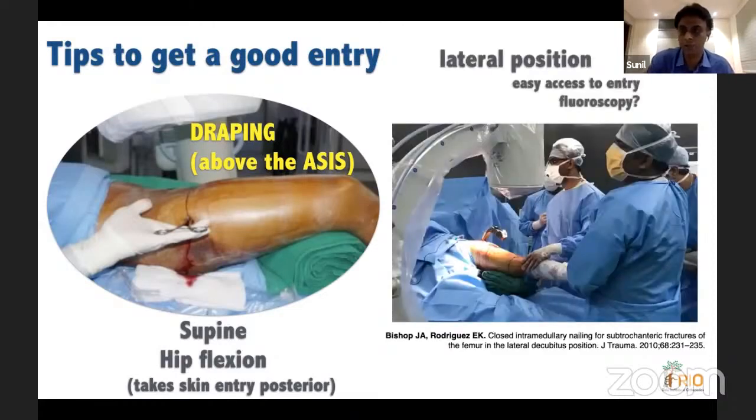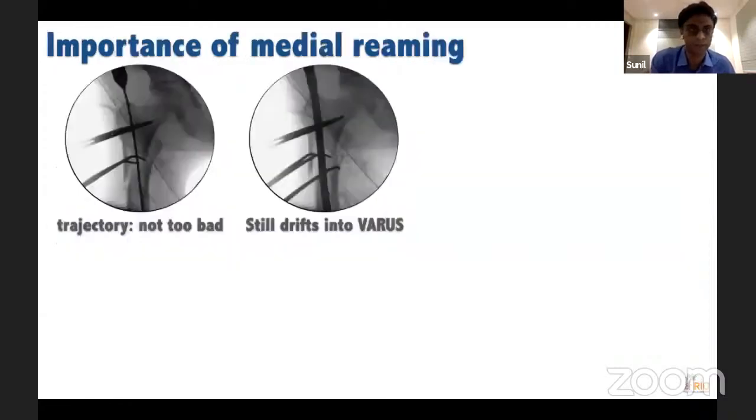Another way is to do it in lateral position, as I told you. As I said earlier, lateral position definitely gives you great access to the entry point without any hurdle. It's absolutely easy, but it can make a lot of other things difficult if you are not well versed in how to do it. But this is one way of doing it as well.